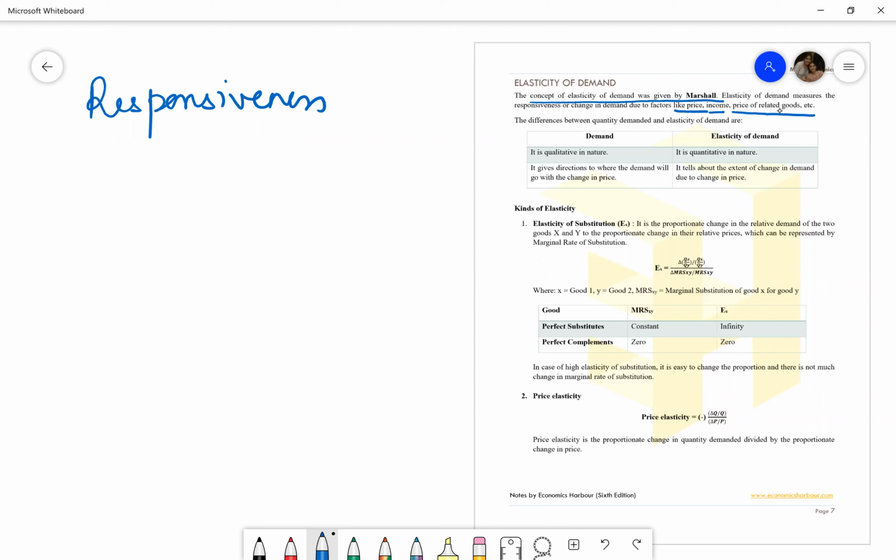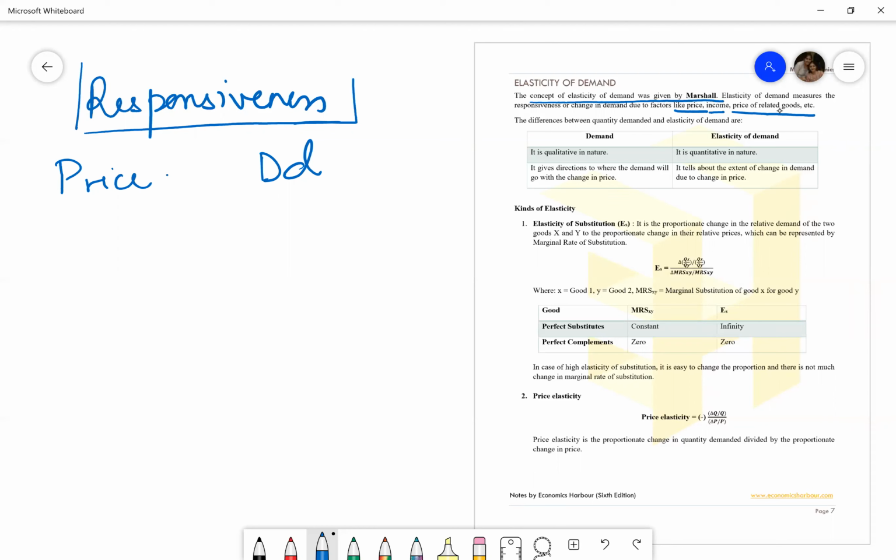Please note that the elasticity of demand measures responsiveness. If we are taking two factors into consideration, one being the price and the other being the demand, we want to know how the change in price will affect the quantity demanded.